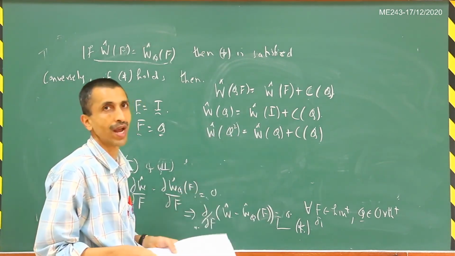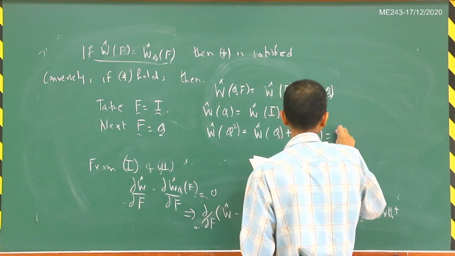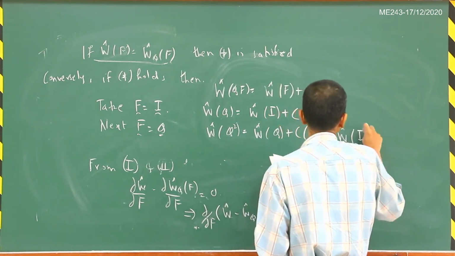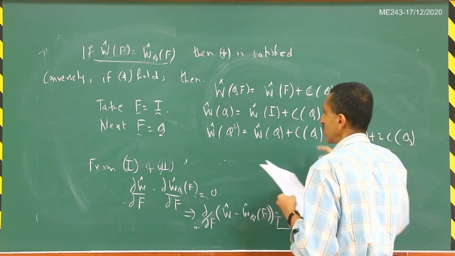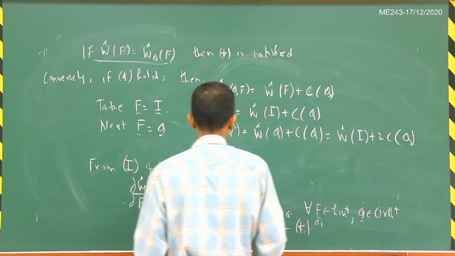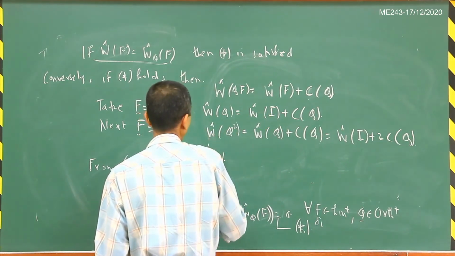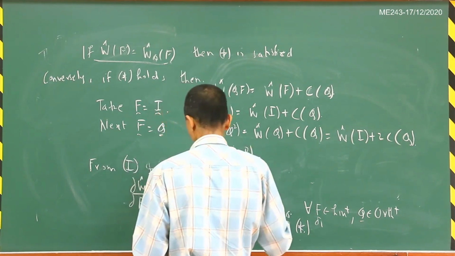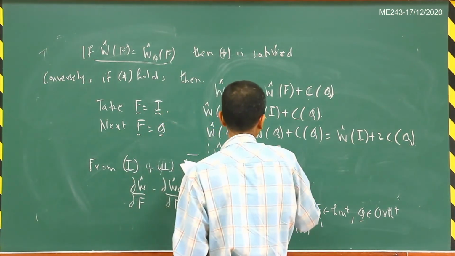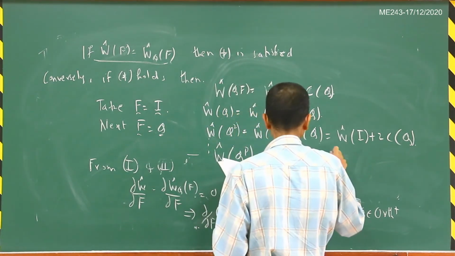You substitute that into this expression. Then what you will get is w hat of I plus 2 times c of q. And so you continue this whole process, and if you continue, w hat of q to the p is equal to w hat of I plus p times c of q.